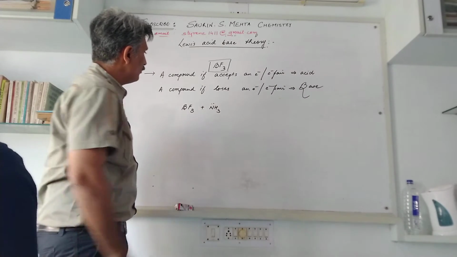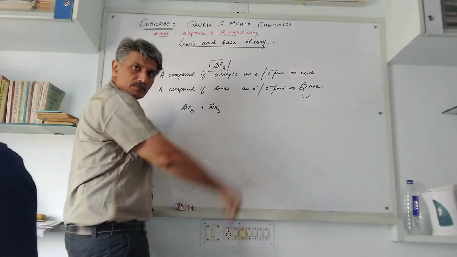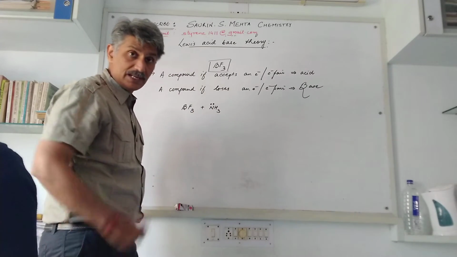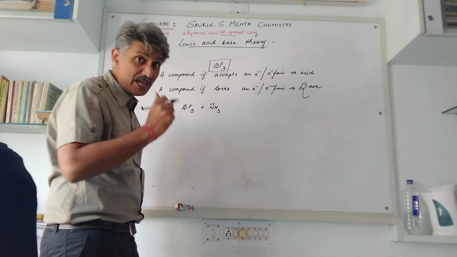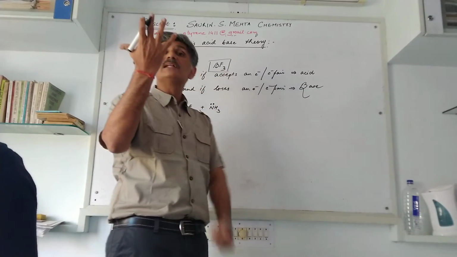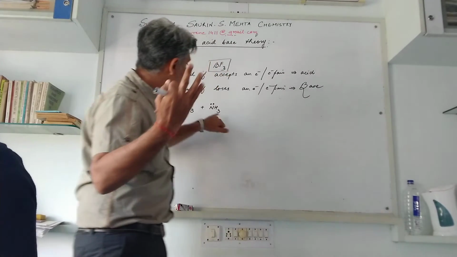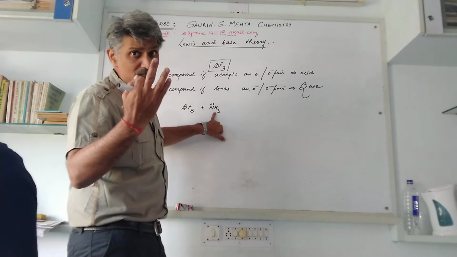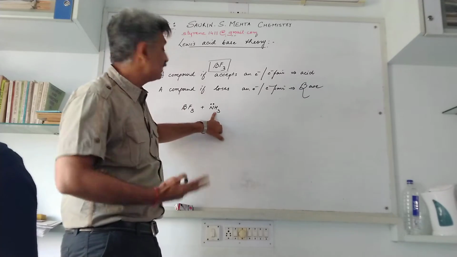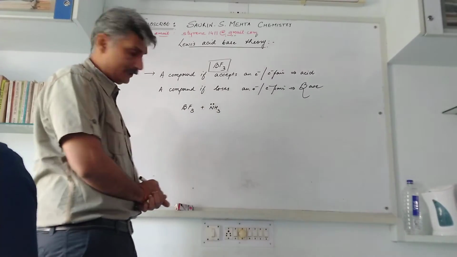Now you can see this ammonia is rich with electrons. Ammonia has nitrogen, and that nitrogen is rich with electrons. Why? Because nitrogen has atomic number 7. That means it has 5 valence electrons. Out of 5, 3 have been shared with hydrogen atoms, and so 2 are left in the form of a lone pair.